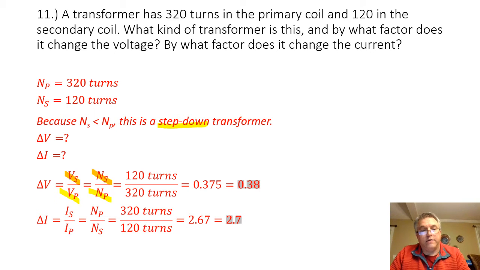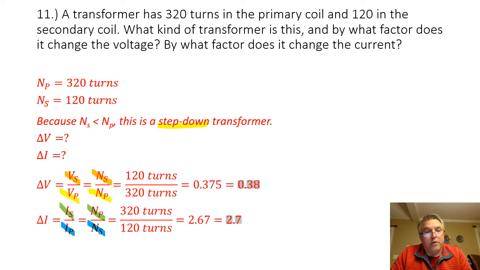For the current, I'm going to do the same thing, but with the current, notice that I have the secondary current in the numerator, and I have the primary number of coils in the numerator. And it is reversed for the denominator as well. In the denominator, I have the primary current and the secondary number of coils. So there is an inverse proportionality to current. So the change in the current, again, is my secondary current divided by my primary current.